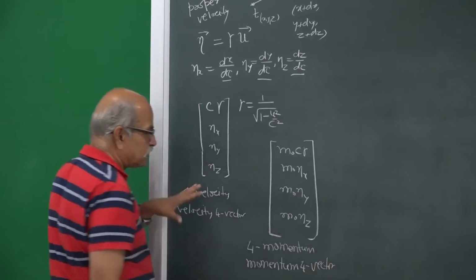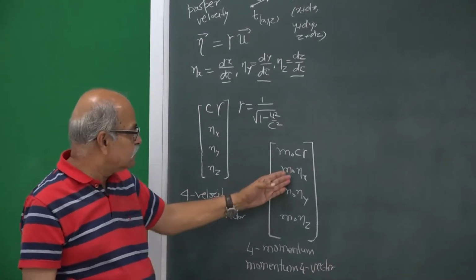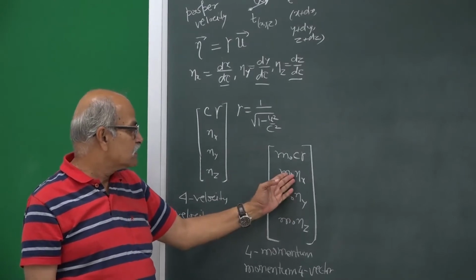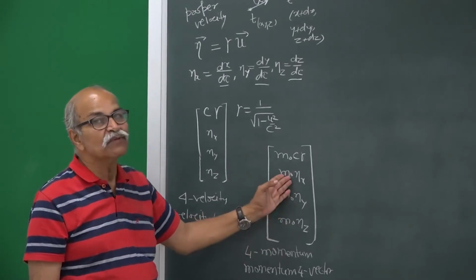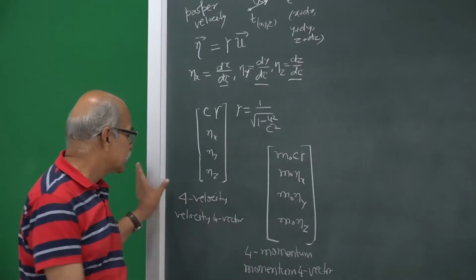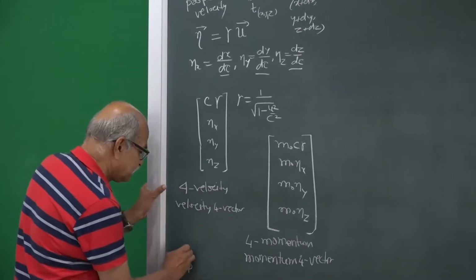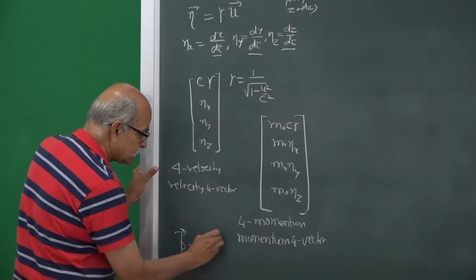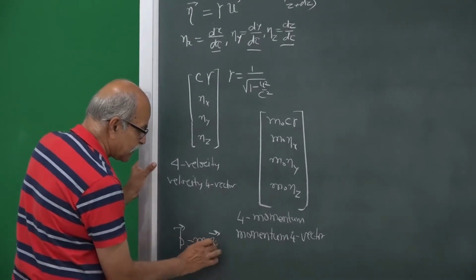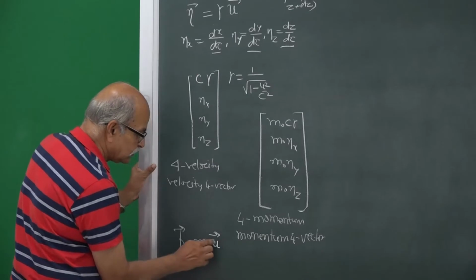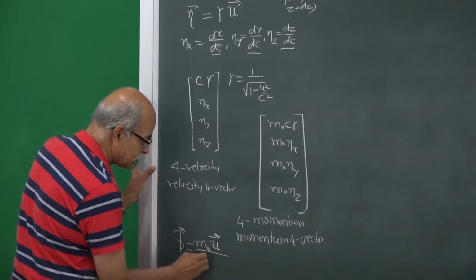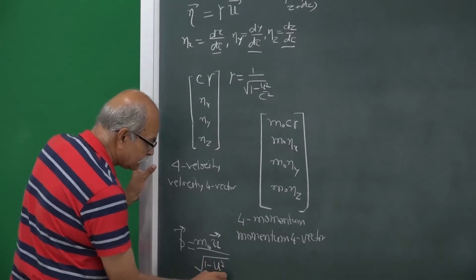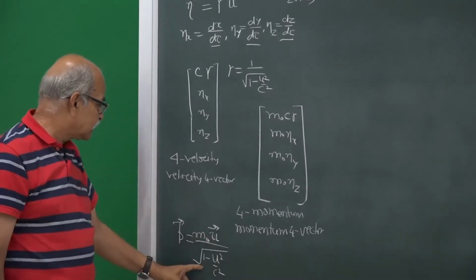This we discussed in the previous class, and then we said that these 3 quantities are just the x, y, z components of linear momentum, because linear momentum is defined as mass of the particle times velocity of the particle. If you write particle velocity as u, then u divided by square root of 1 minus u square by c square, that is in fact gamma times u.